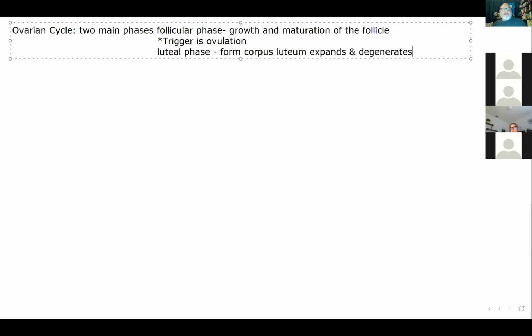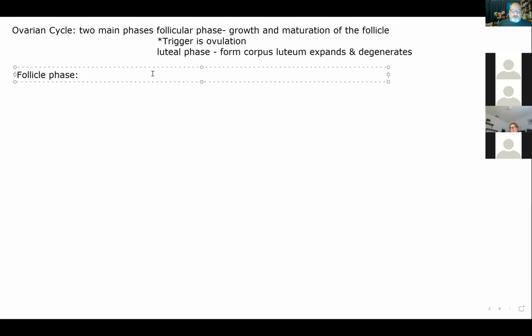I like drawing these things because I think it helps sometimes, but sometimes the drawings can be a little confusing. So let's go through the follicular phase. And since you're not going to be able to draw it on the exam anyway, let's go through the different phases that the follicle goes through during the follicular phase. And let's start right on the back. How many phases are there? How many different types of follicles are there?